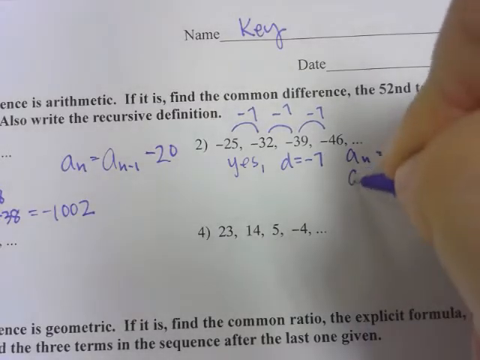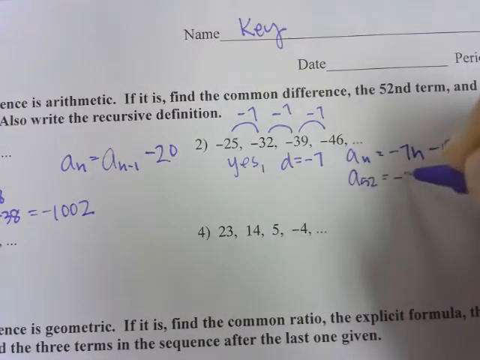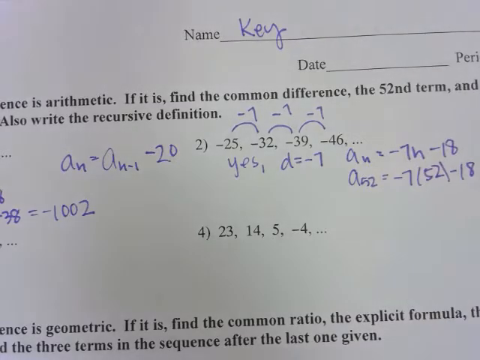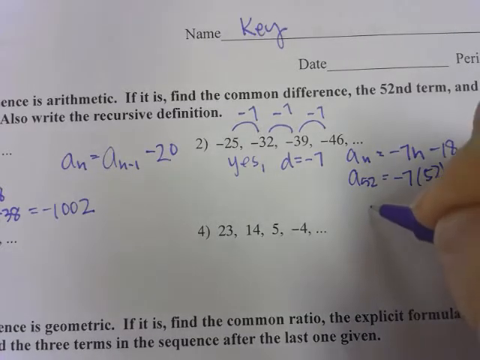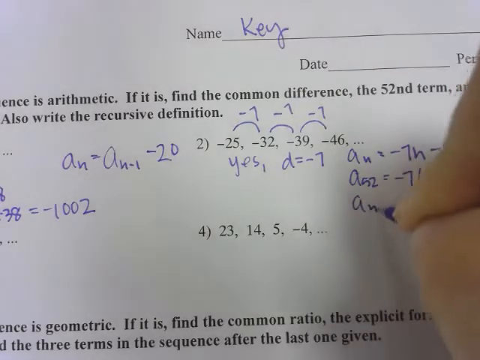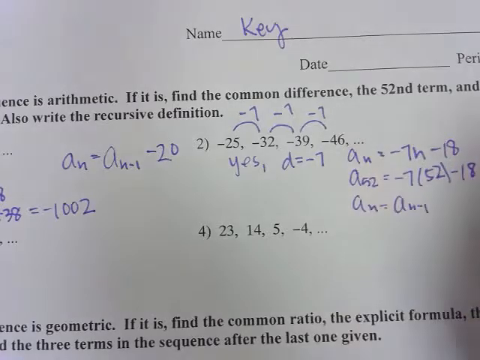If I want to find the 52nd term, let's just plug in 52. And we get -382. So a sub n equals a sub n minus 1, and then the common difference, -7.